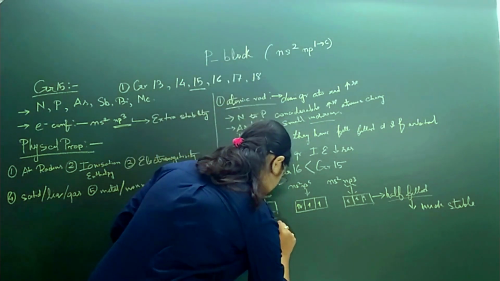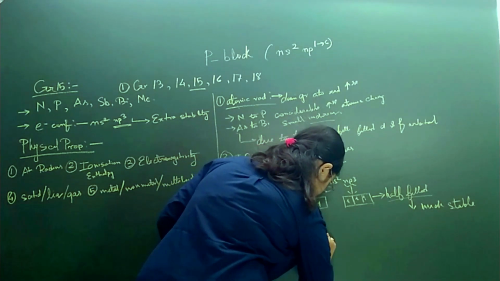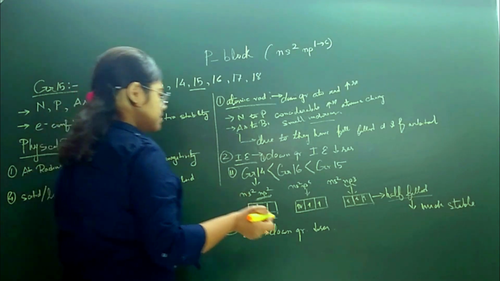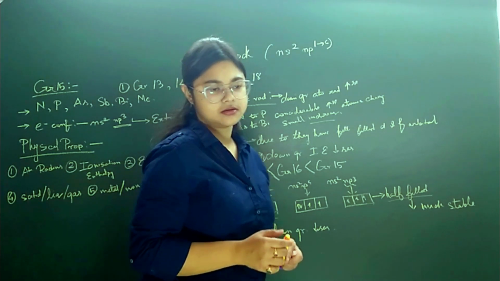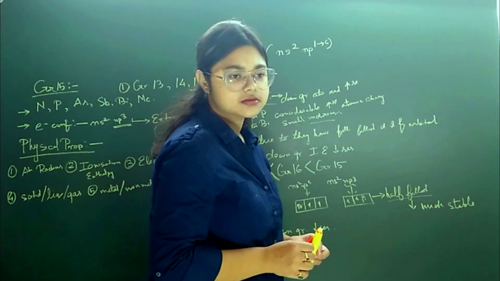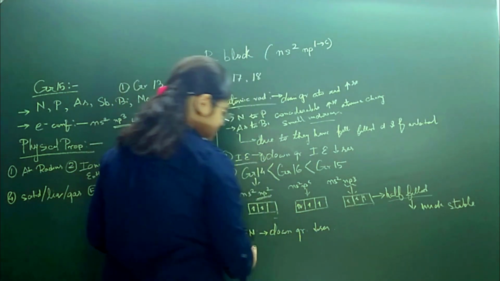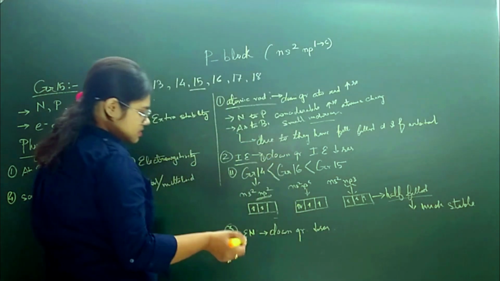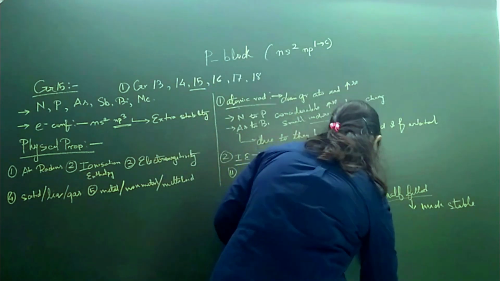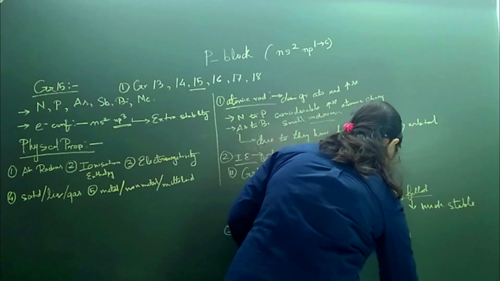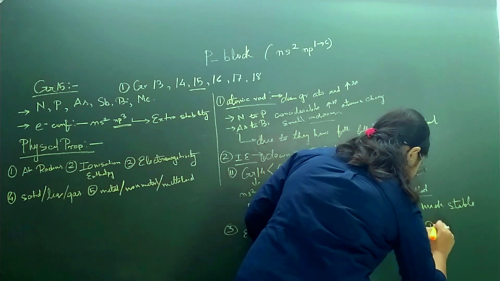So the order is nitrogen is highest, then phosphorus, then arsenic, then antimony, and then bismuth.